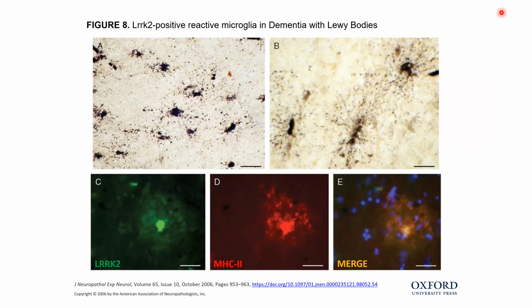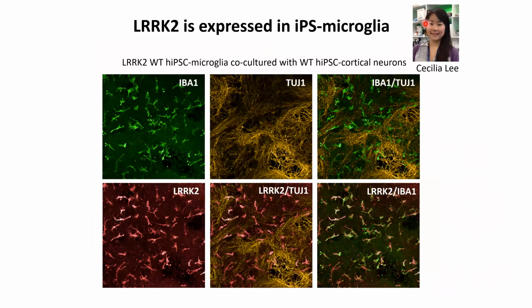For example, this paper shows LRRK2 positive reactive microglia in dementia with Lewy bodies. It may be that LRRK2 is only expressed in these microglia when in a pathological condition, when there's been upregulation of the gene. It's certainly expressed in our iPS microglia, which we can see here, more so than in the neurons that it's embedded with.